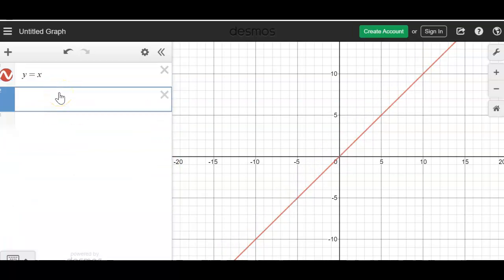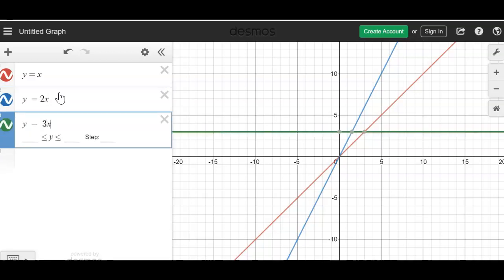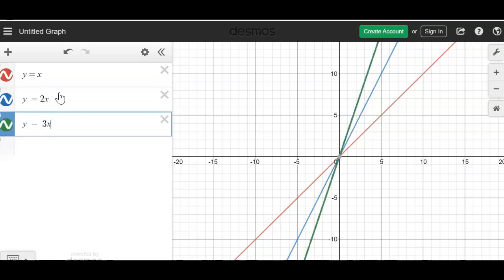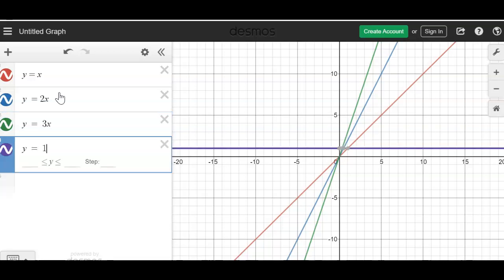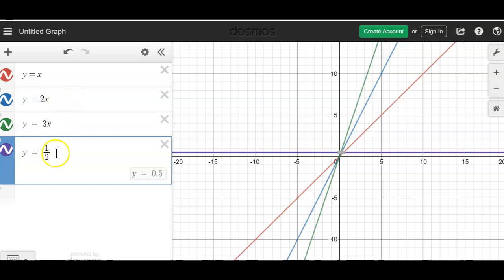And then, of course, the next thing that we look at is what happens if we put a 2 in front, or what happens if we put a 3 in front. And then they start seeing that we are changing our slope and that it's getting steeper every time. And then we start talking about what if it is a 1/2 x?